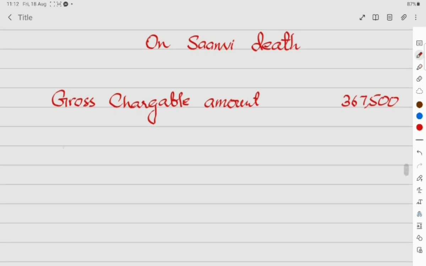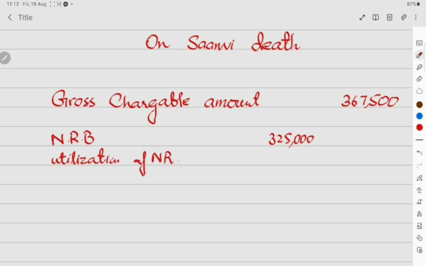So we have to apply the nil rate band. On this gross chargeable amount, we have to apply the nil rate band. Again, it needs to be mentioned that the nil rate band is 3,25,000, and what is the amount of nil rate band that has been utilized in the previous 7 years?